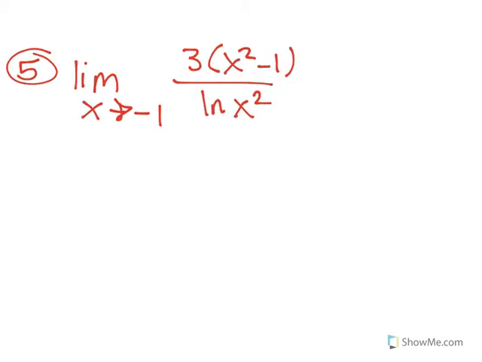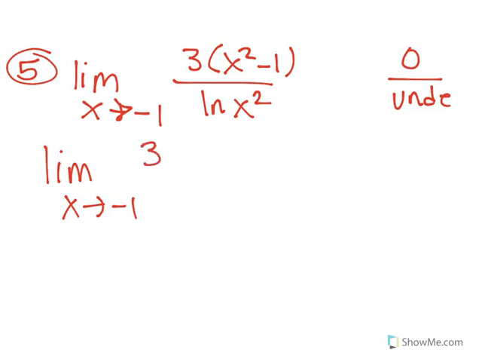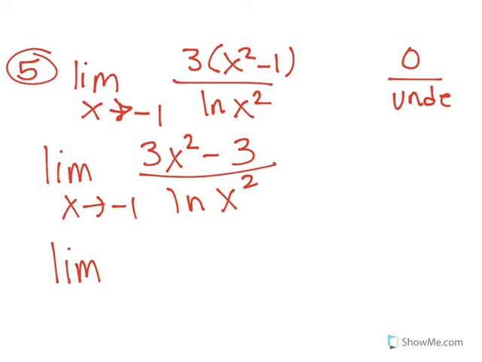Okay, so on number 5, I'm heading to negative 1. I'm going to fill in my negative 1, and I'm going to get 0 over undefined. Now, I don't like these parentheses, so I'm going to eliminate parentheses before I begin working. I'll get 3x squared minus 3 over ln of x squared. I did not take the derivative yet. I just got rid of that extra set of parentheses. Now I'll L'Hopital it.